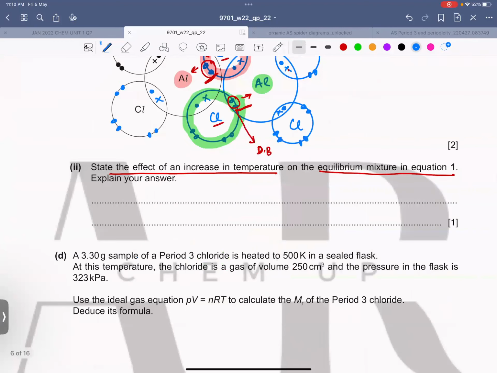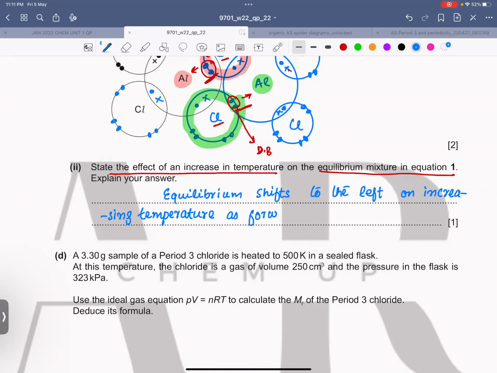So I can write that equilibrium shifts to the left on increasing temperature as the forward reaction is exothermic.